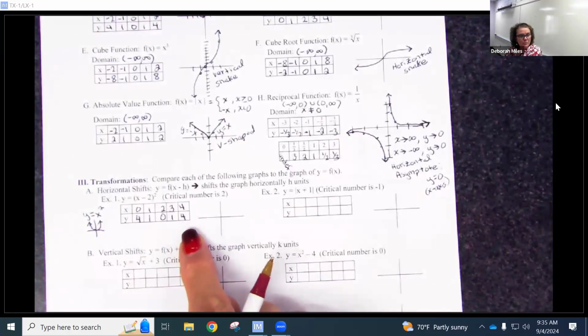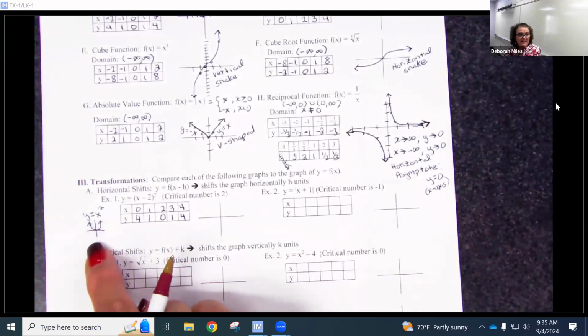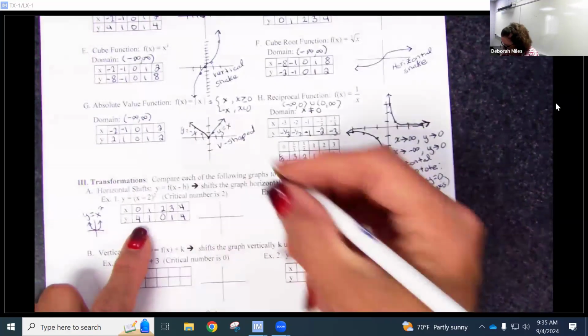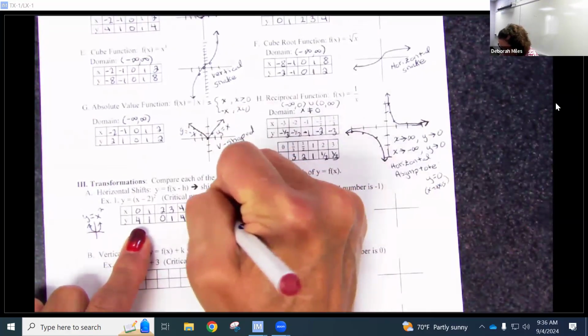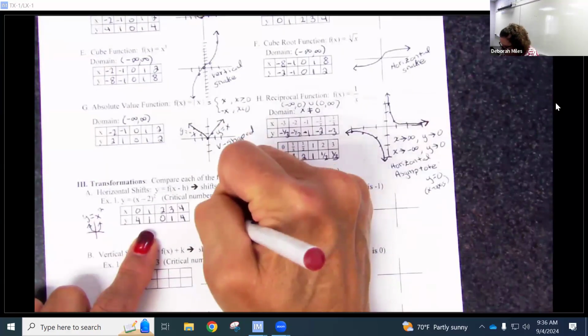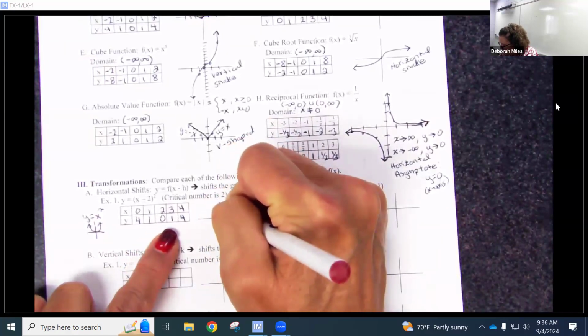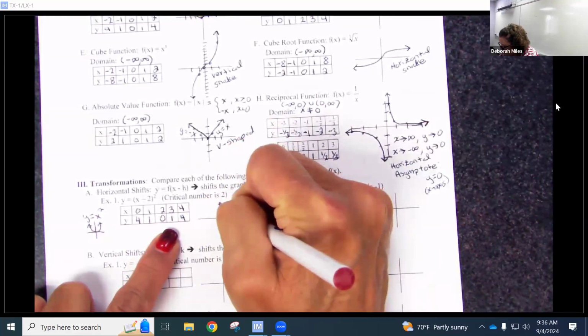When I graph these ordered pairs, I expect to get a shape just like y equals x squared, but I'm going to see that it shifted. 0, 4 on the y-axis. 1, 1, 2, 0, 3, 1, 4, 4.